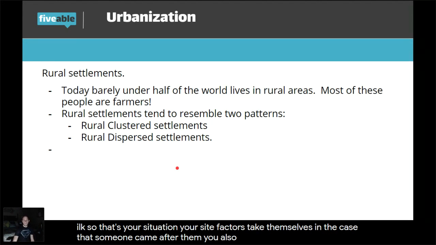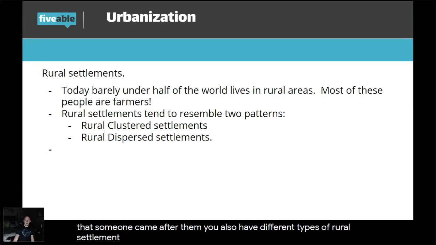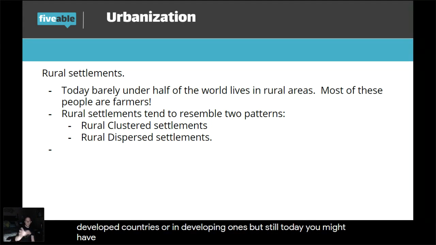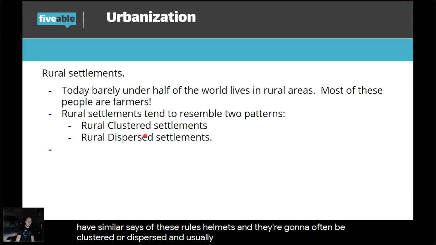You also have different types of rural settlements that exist, and this might look a little different in developed countries or in developing ones, but still today you might have semblances of these rural settlements, and they're often going to be clustered or dispersed. And usually you look at this and think development.